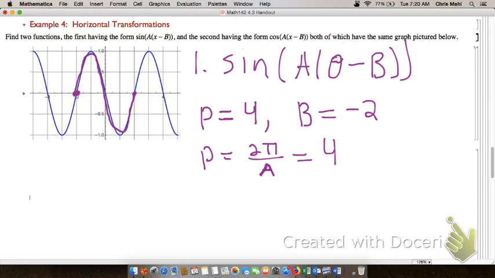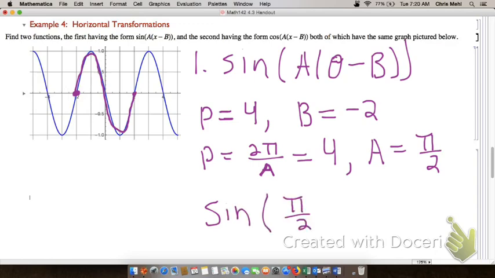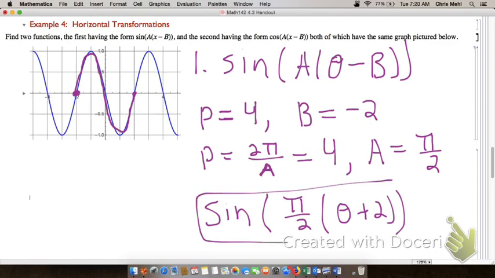So solving for a, you're going to get a has to equal pi/2. Okay, so there, we're done. The first form is going to be, this could be viewed as a graph of sine of pi/2, and then in parentheses theta minus -2, which becomes theta plus 2. Okay, so there's an algebraic form in terms of sine for this graph.